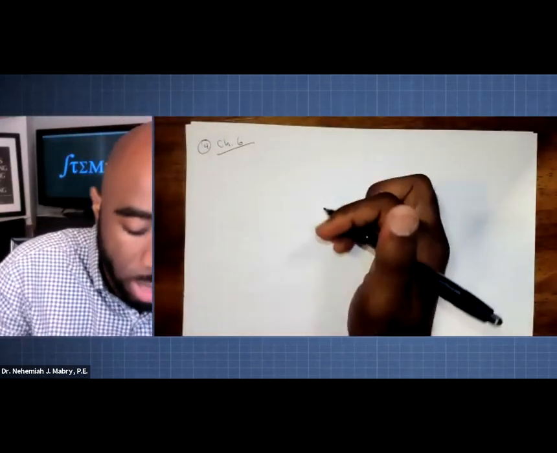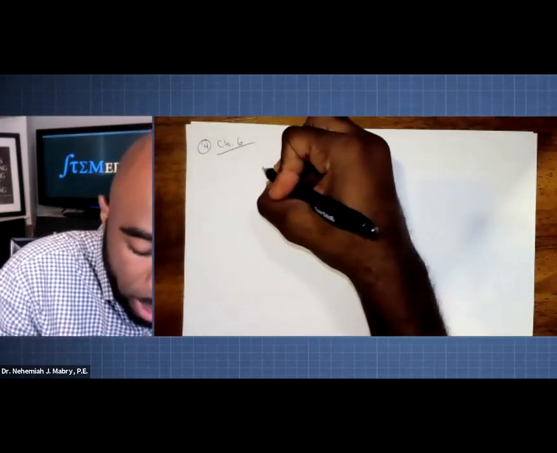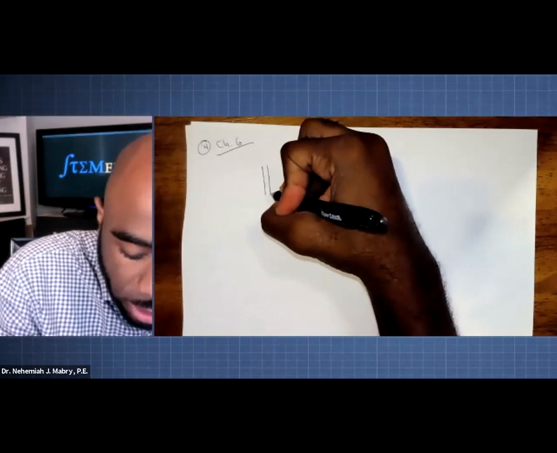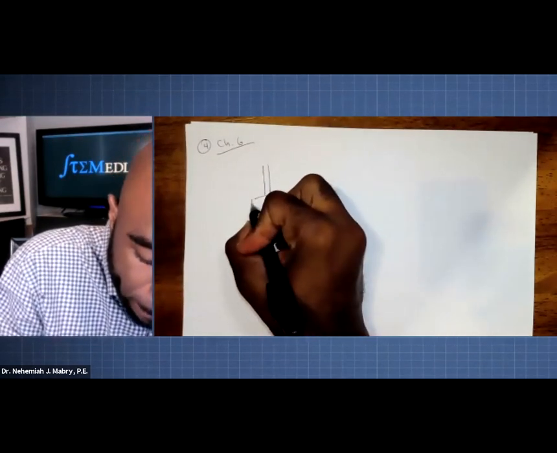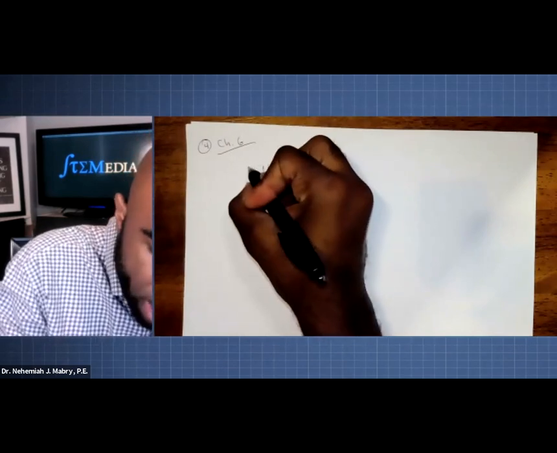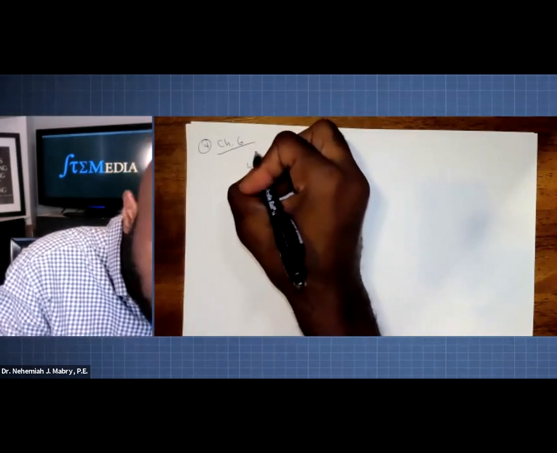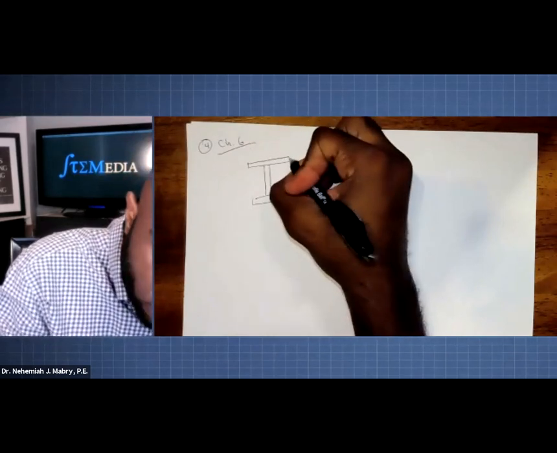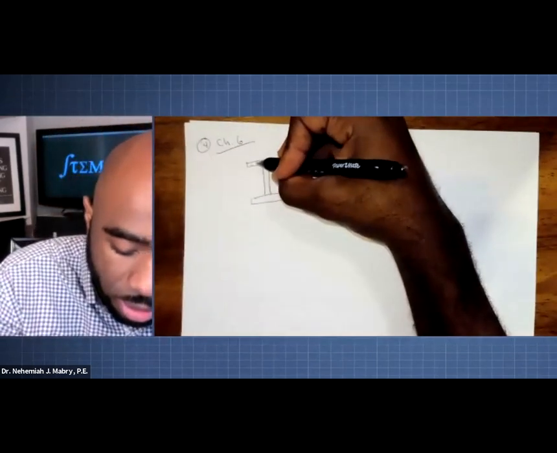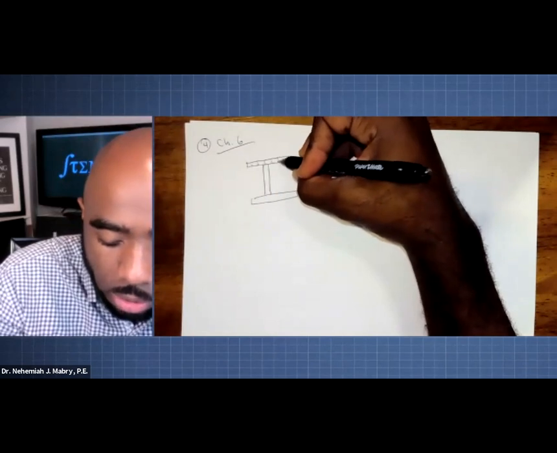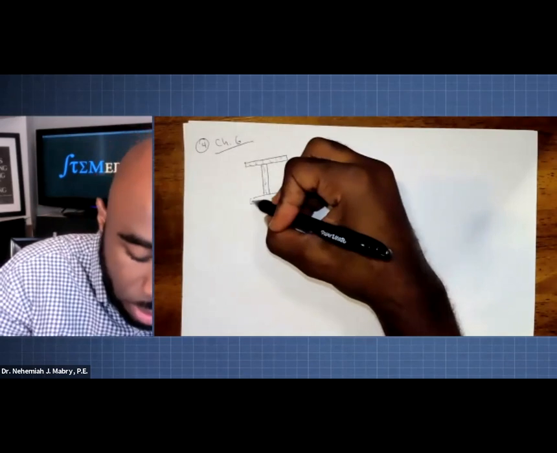What was relevant was, first of all, you had, let's say, a cross section. So you have an I-beam here. And in this particular chapter, we introduced you to the fact that there is a shear happening parallel with this surface. These are little arrows that I'm drawing right here.